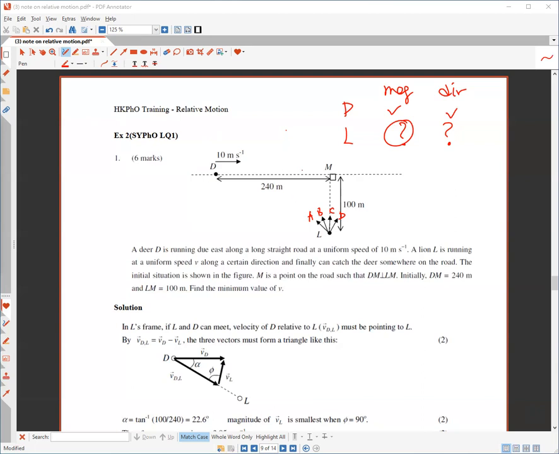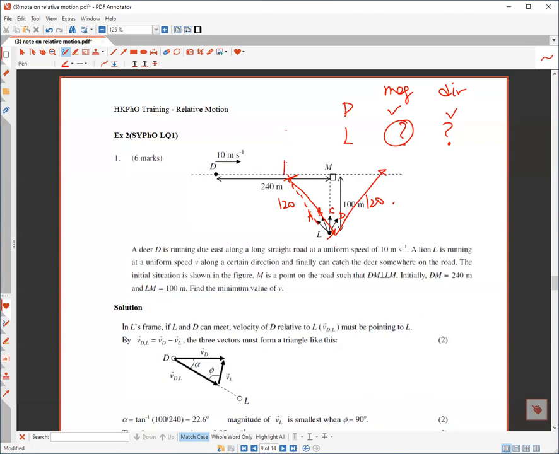The reason behind it is like this. I think you won't choose A or B, because for A or B, that means it travels a shorter distance and meets the deer in a shorter time. Let's say this distance is 120, and this distance is also 120.